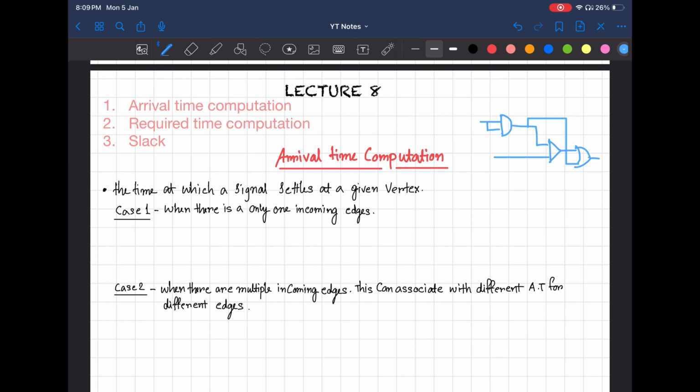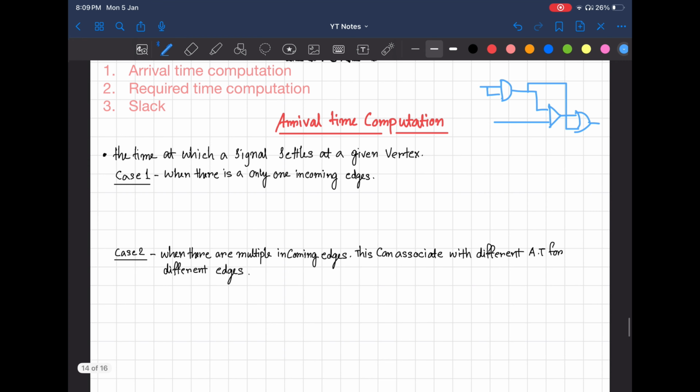As I have written here, the arrival time is the time at which a signal settles at a given vertex. I need to know that time. How do I know it? That's why there can be three types of scenario. Let's draw the first scenario. There is one edge, and there are two vertices.